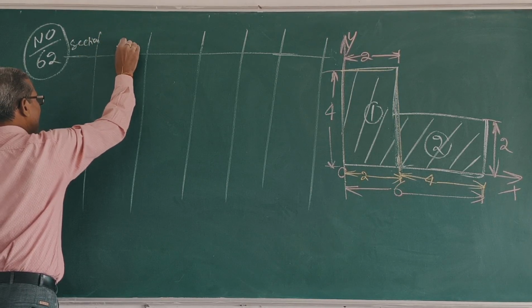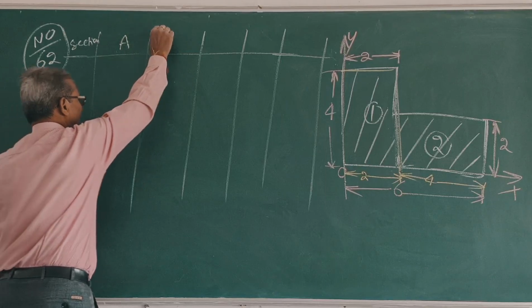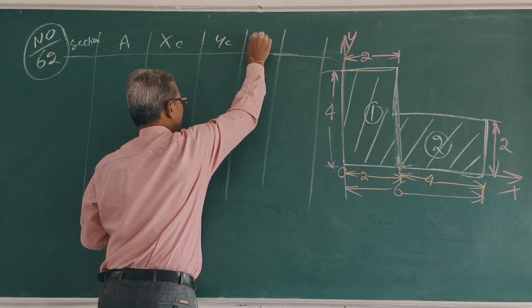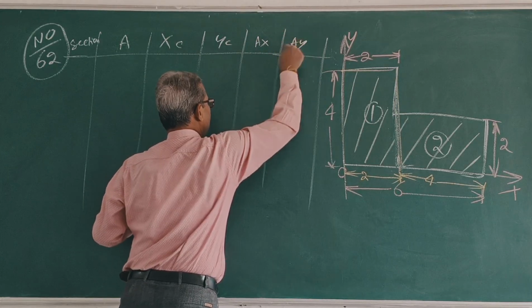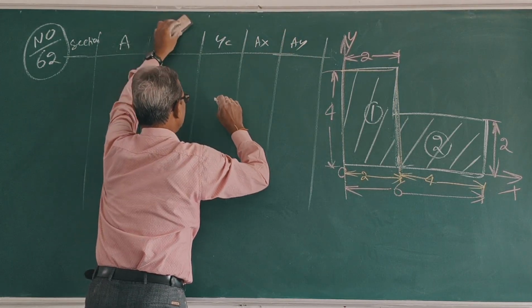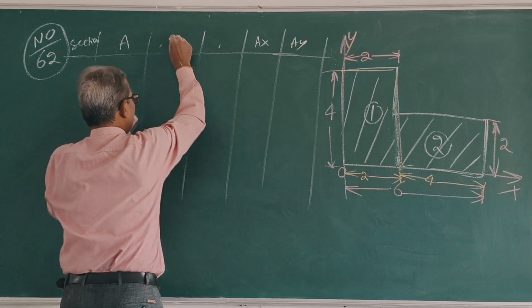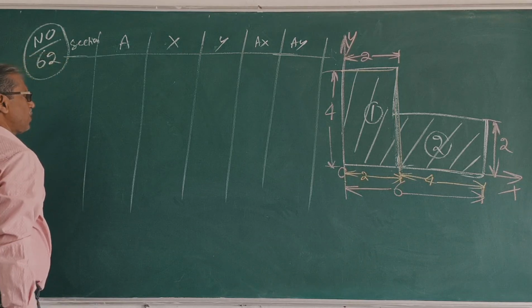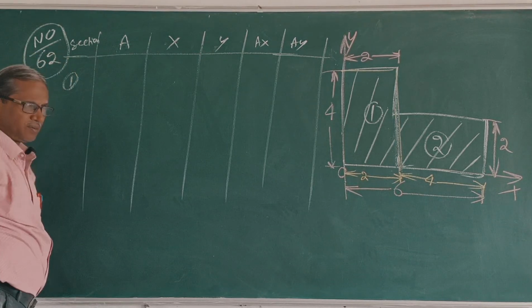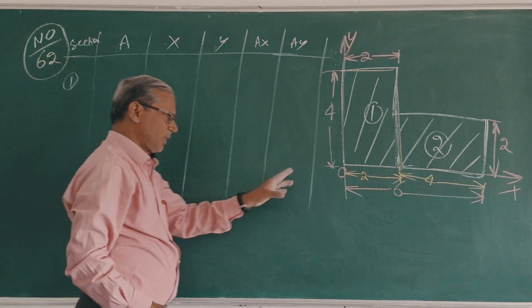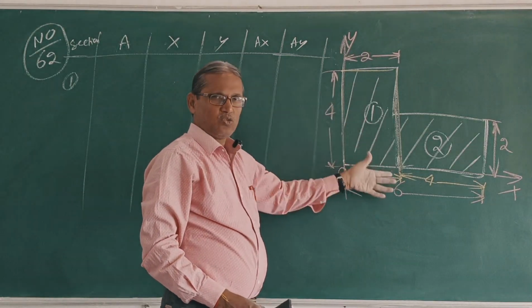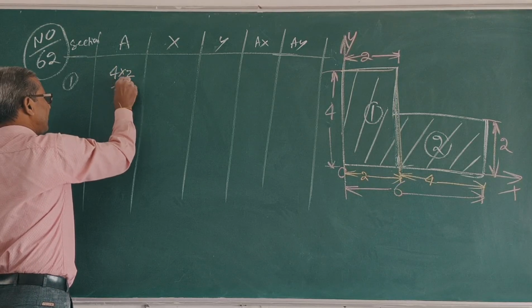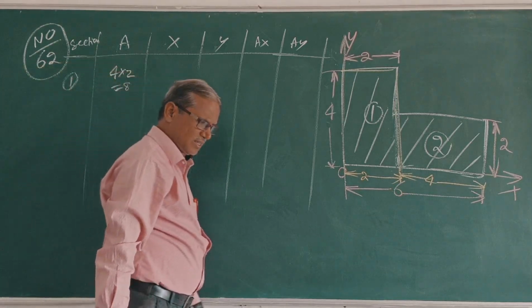In the table: section, area, xc, yc, Ax, Ay. Clear? For section 1, what is the area? 4 into 2, which is 8.